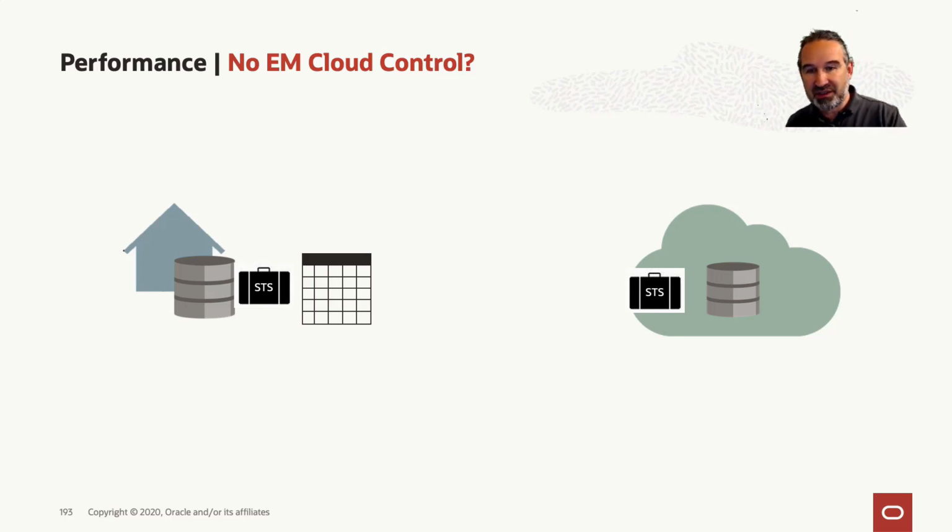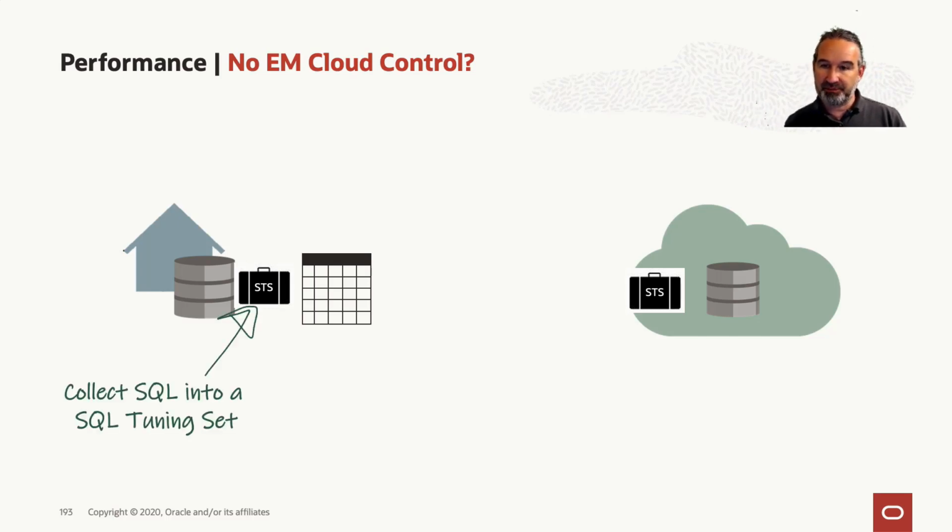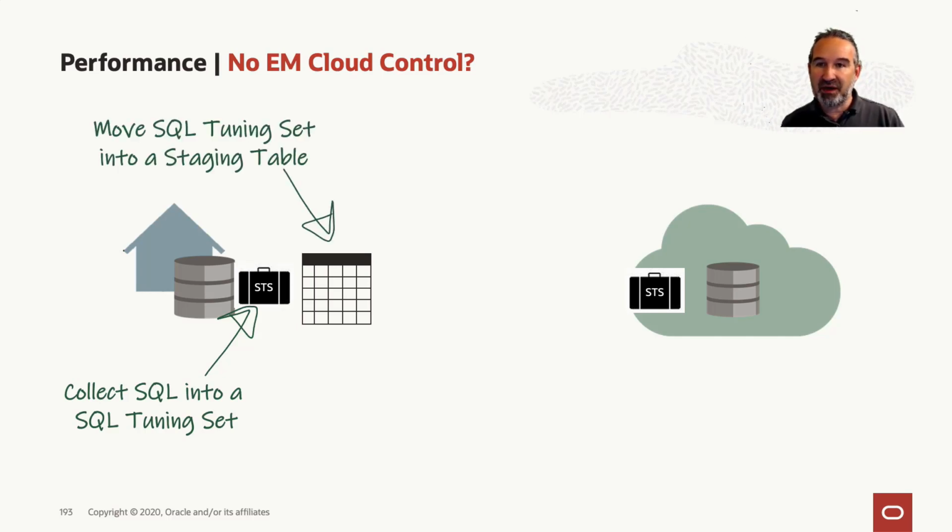And we put this SQL tuning set in order to transport it to our cloud database into a staging table. So this symbol here is the staging table. So we collect the statements into a SQL tuning set, and then we move the SQL tuning set into a staging table. DBMS_STATS has functions for that.